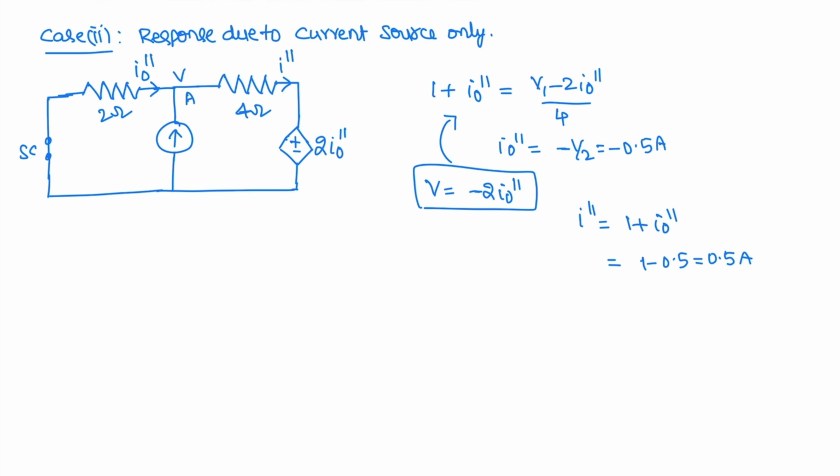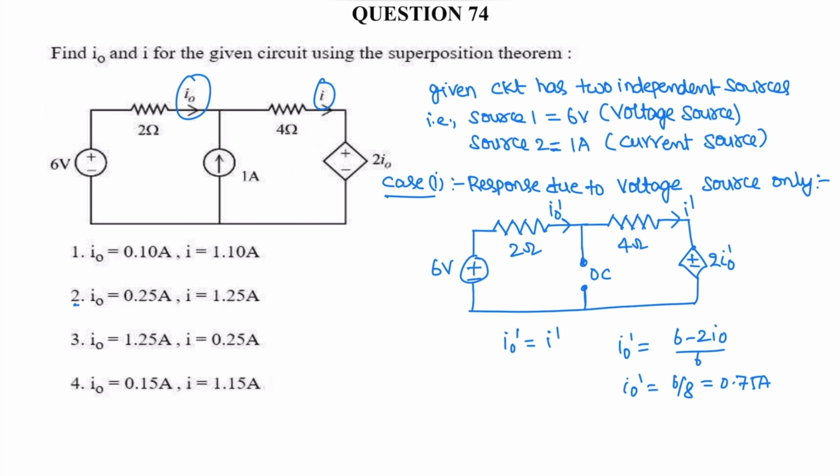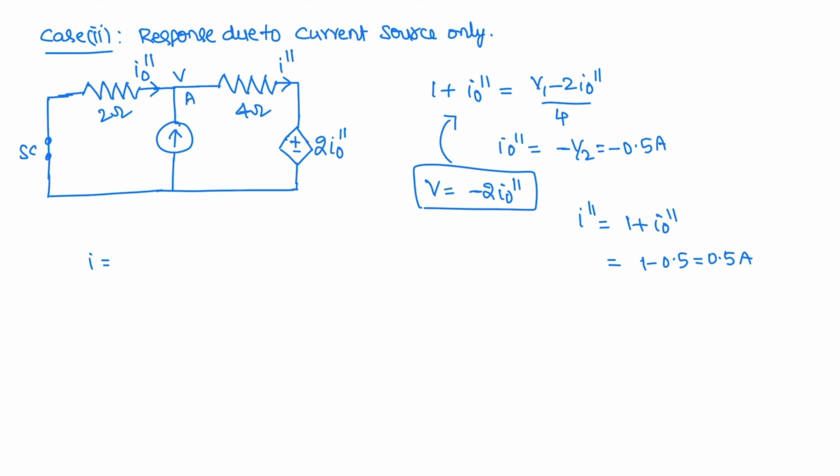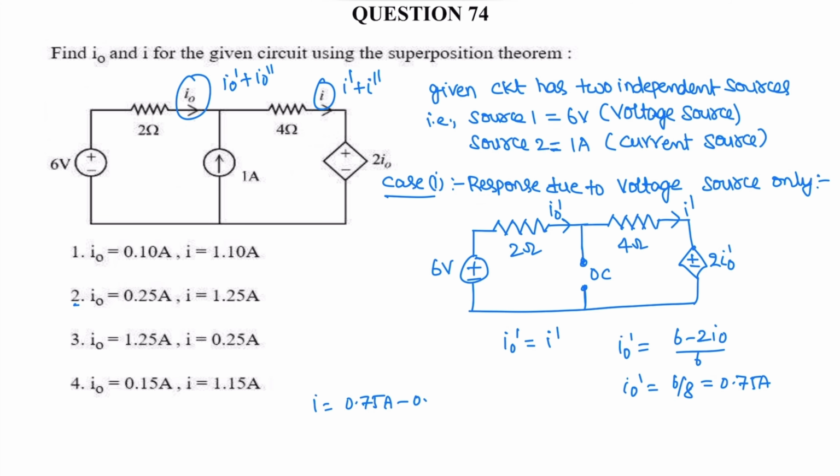The total current I naught in the circuit is I naught dash plus I naught double dash. The total current I is I dash plus I double dash. So the total current I naught is 0.75 ampere minus 0.5 ampere, which is 0.25 ampere.